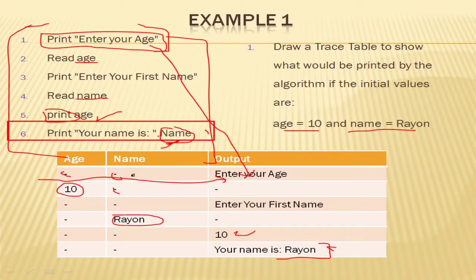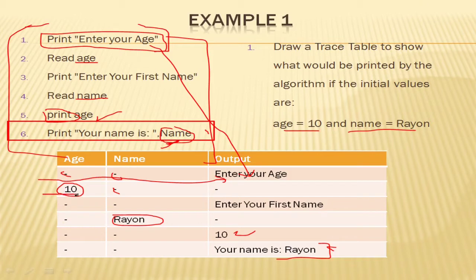Now in the first line in the pseudocode there was nothing for name or age, so what you can do, you can leave it blank. So I could leave it blank, or you can put a dash underneath the name and the age cell to show that it is blank, right?